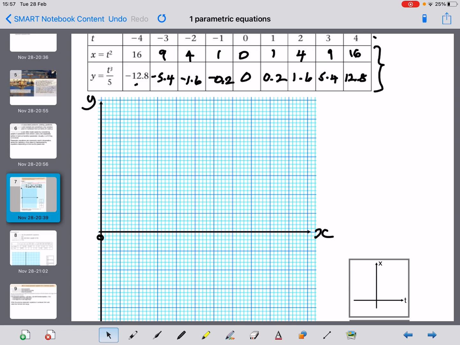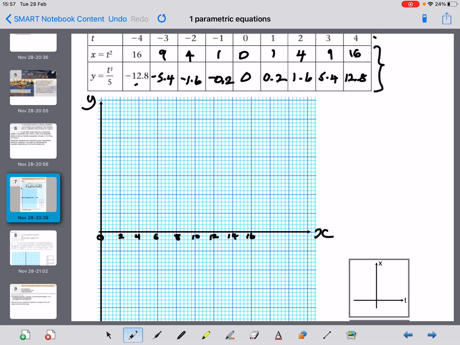So I'm just going to go up in 2s. 2, 4, 6. No, I'm not. Is it going to fit? 2, 4, 6, 8. So I'm going to have to go up in 2s that way. 2, 4, 6, 8, 10, 12, 14, 16.